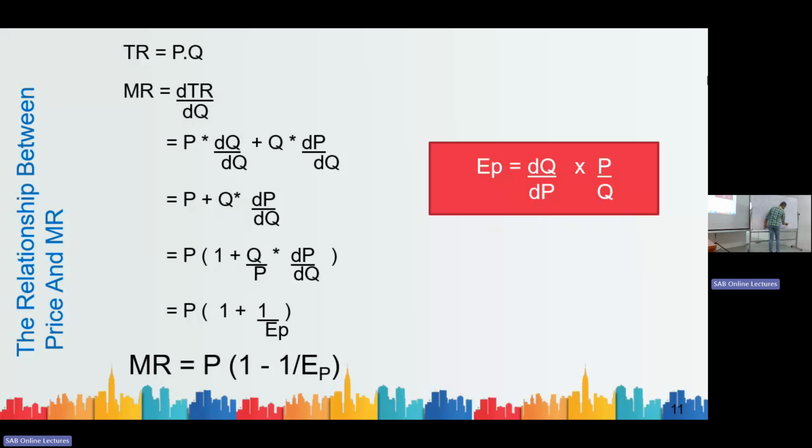So this minus 4 means that when price increases by 1%, quantity demanded will decrease by 4%.